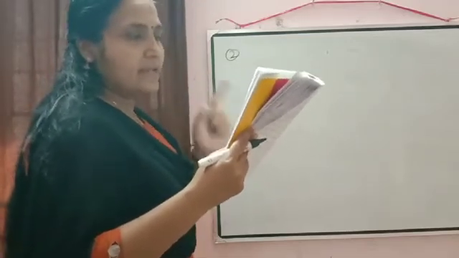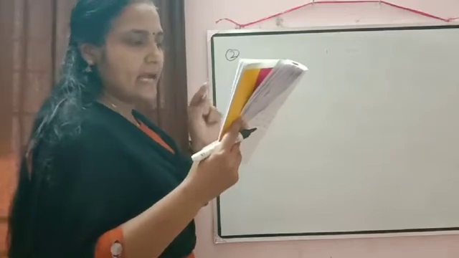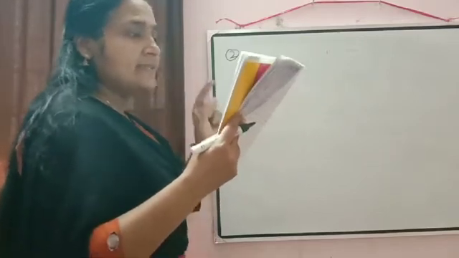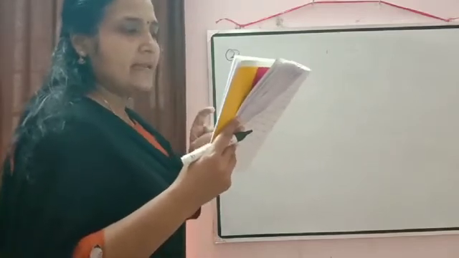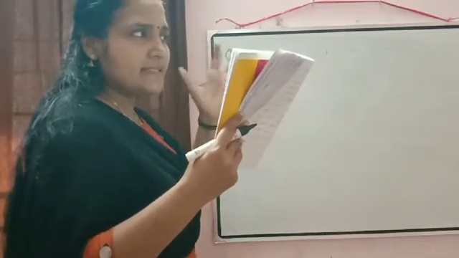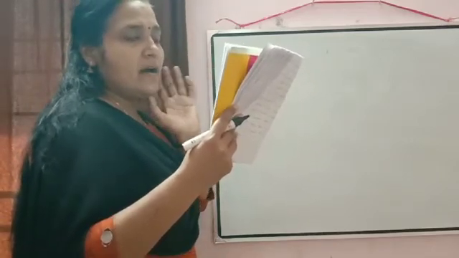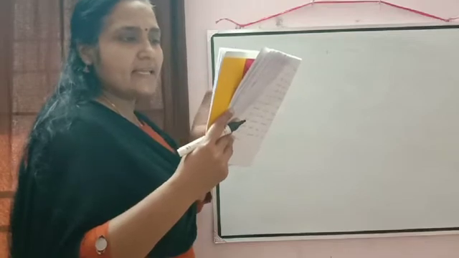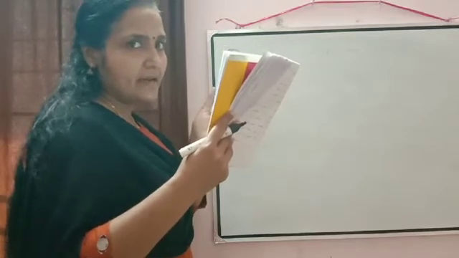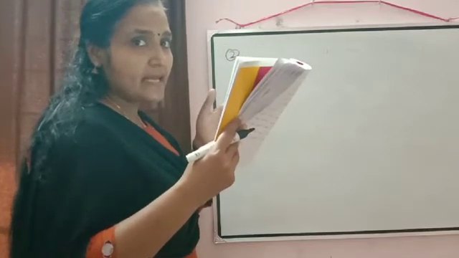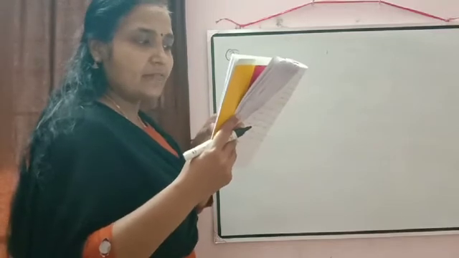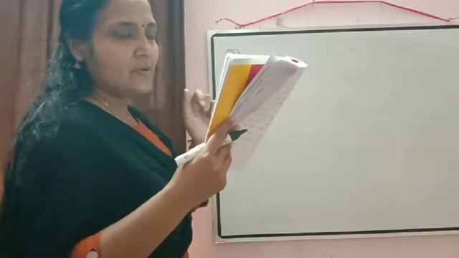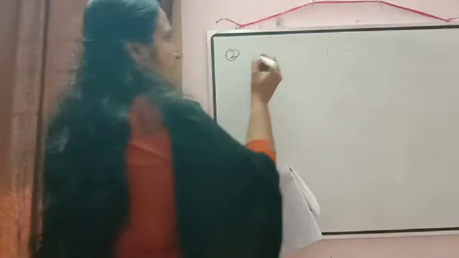So the circumference is greater than its diameter by how much? 17.12 centimeter. So if you rearrange this, how much difference is there between circumference and diameter? Yes, the difference is 17.12 centimeter.